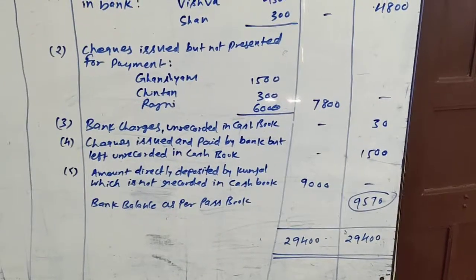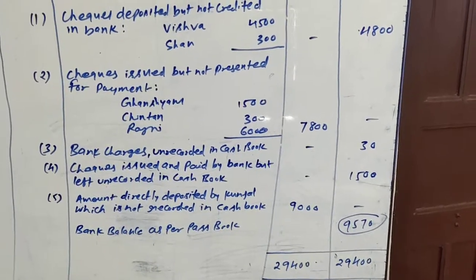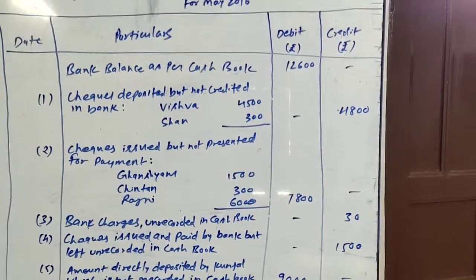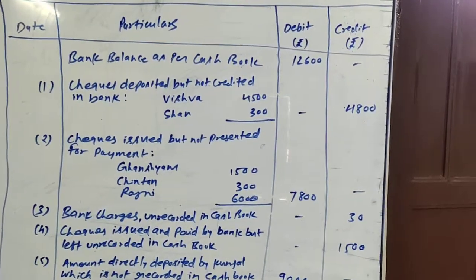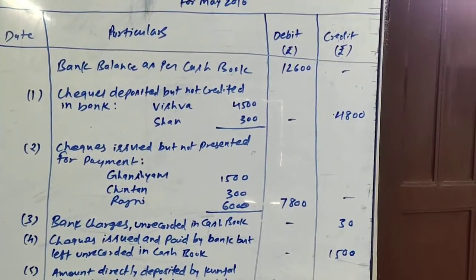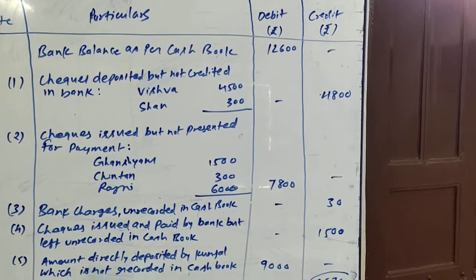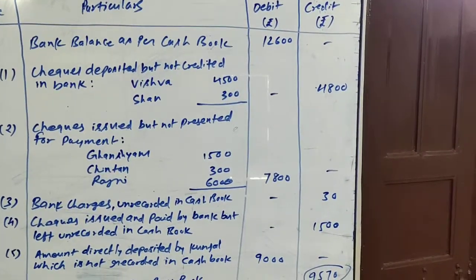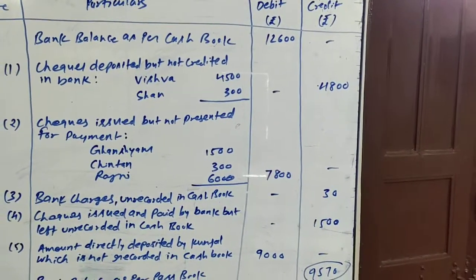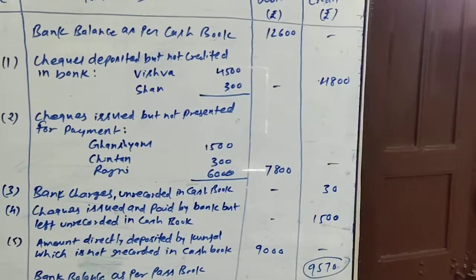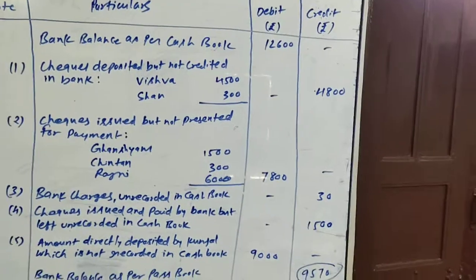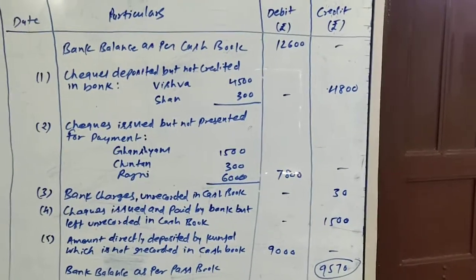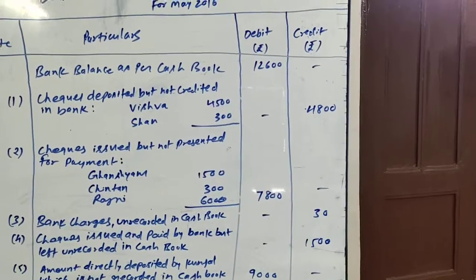Third point, bank charges unrecorded in cash book, we write at the credit side of our BRS, 30 rupees. And then check issued and paid by bank but left unrecorded in cash book, rupees 15,00. See friend, the name of person is given at the payment side, and that is at the debit side of passbook but not in credit of cash book.